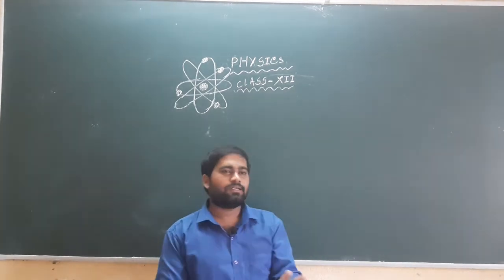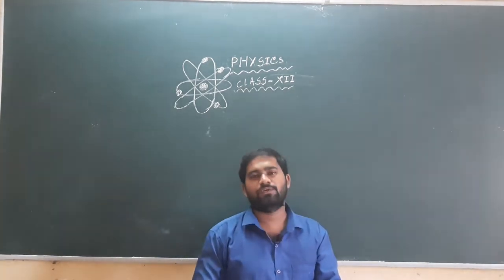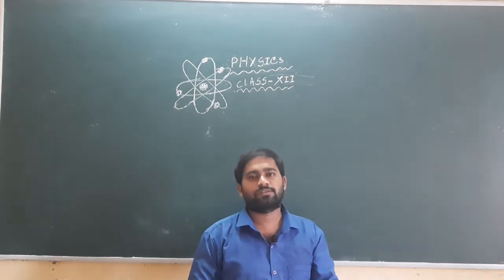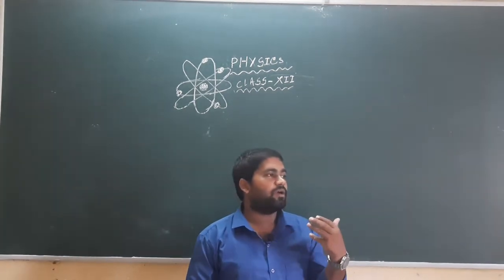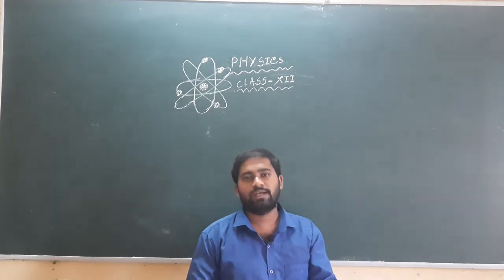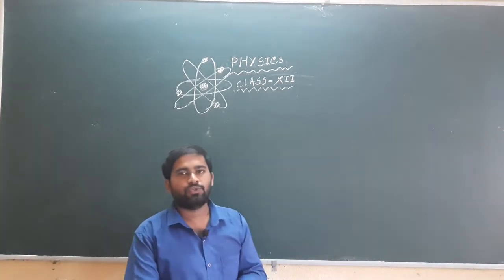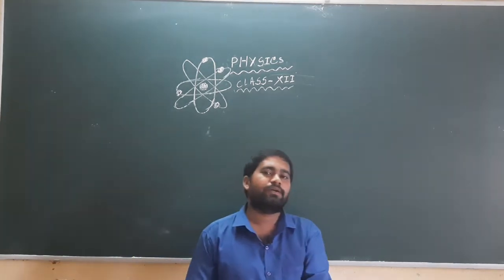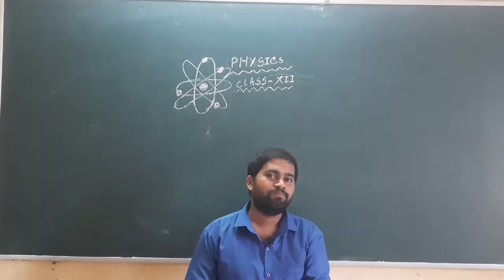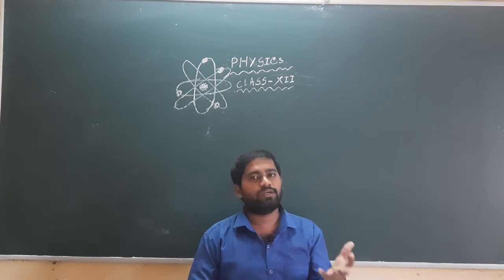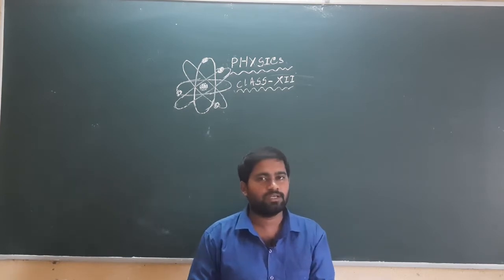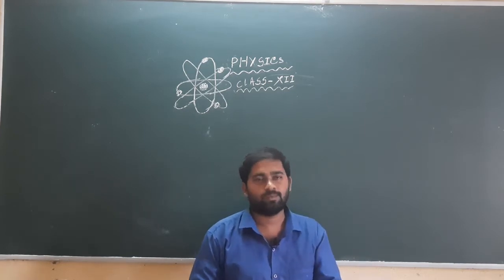Such nuclei can break down by a natural process, and some nuclei need some external agent to bring about that radioactive disintegration. That is why we discuss radioactivity as a natural process and another one as an artificial process.